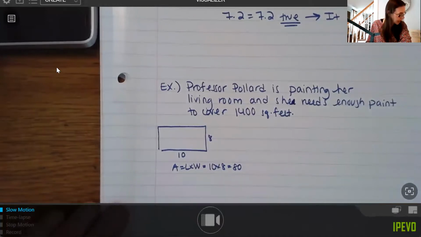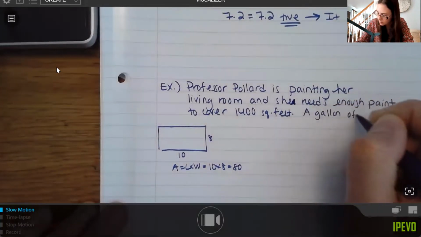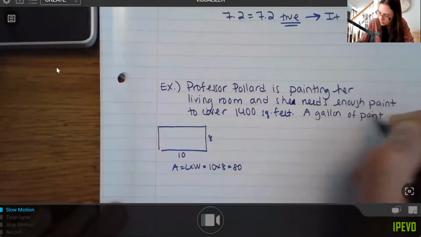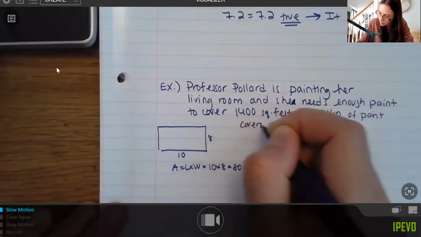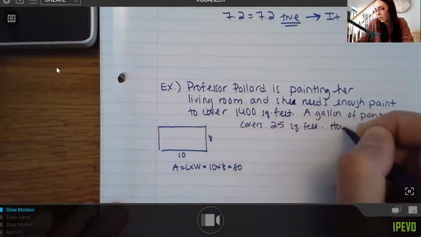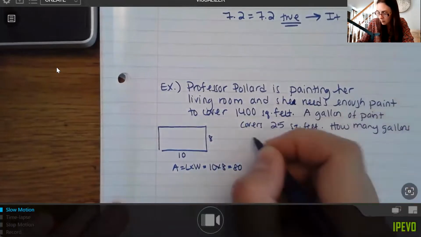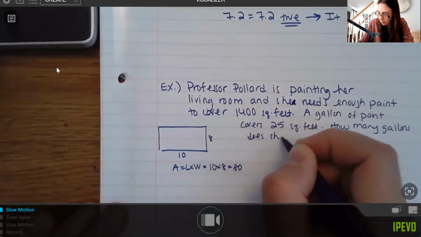Okay. Let's say a gallon of paint covers 250 square feet. How many gallons does she need?